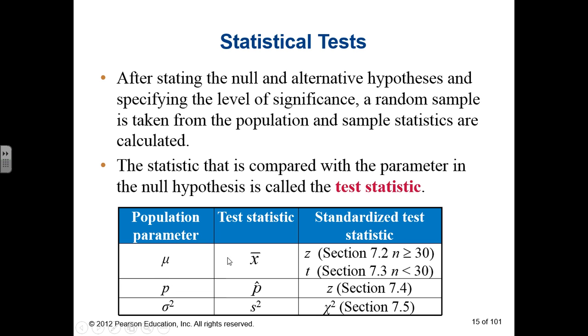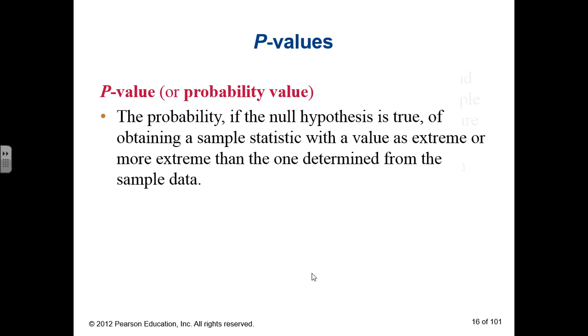If we're testing mu, which in this class is the only population parameter we're going to test, the population mean mu, then the test statistic is an x bar, and our standardized test statistic will either be a z if the sample size is greater than 30, or t if it's less than 30, using the same reasoning that we did in 6.1 and 6.2, deciding whether we're using a z-test or a t-test.